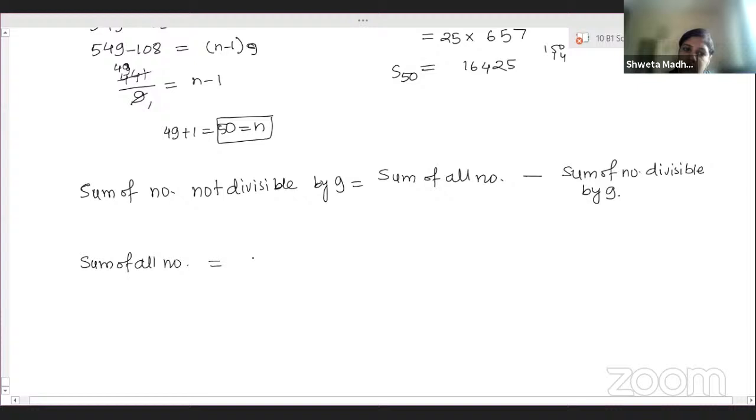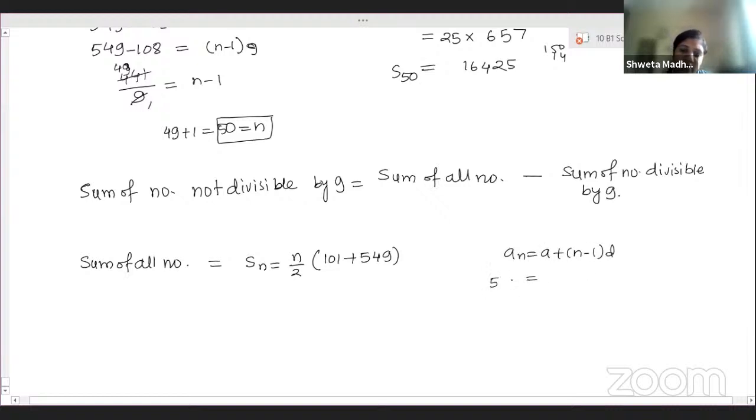Sn is equal to n by 2 into, but this is the position of n, you have to calculate. We don't know n. The first term is 101, the last term is 549, but we need to calculate n. So an is equal to a plus n minus 1 into d.